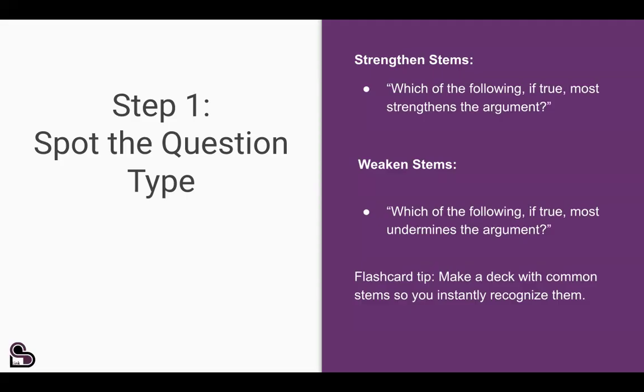So I'm leading up to this flashcard tip at the bottom: making a deck with common question stems so you instantly recognize what question type you're answering. I know we like to rush to the end and get the right answer, but really breaking this down and making it almost instinctual helps. You look at a question and know, this is a strengthening question, this is what I'm looking for, or this is a weakening question, and this is what I'm looking for.